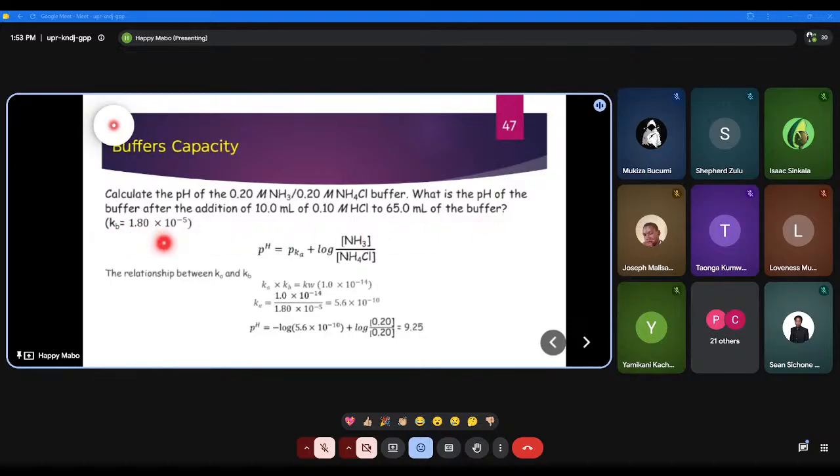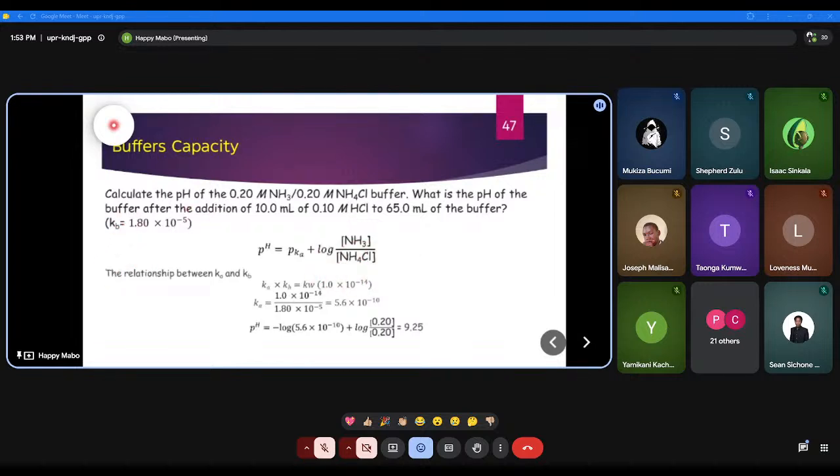So the Kb value is given as 1.80 times 10 to the power minus 5. So the pH can be computed by pKa plus the log of the concentration of ammonia and ammonium chloride.